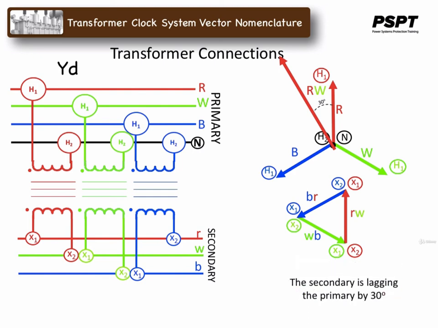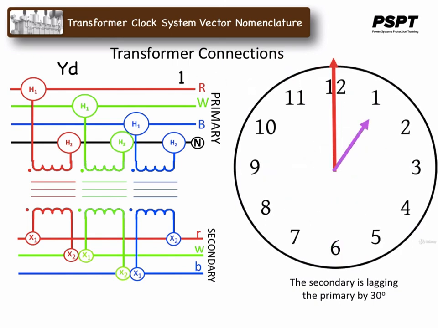And again, in general terms, we can say that the secondary is lagging the primary by 30 degrees. The clock face nomenclature would then be YD1, indicating this 30 degree lagging phase shift.